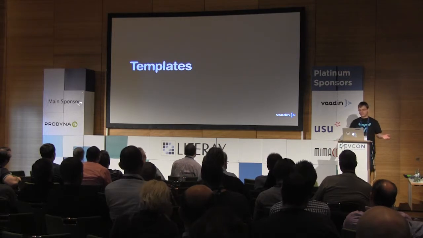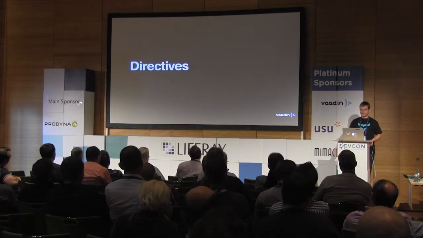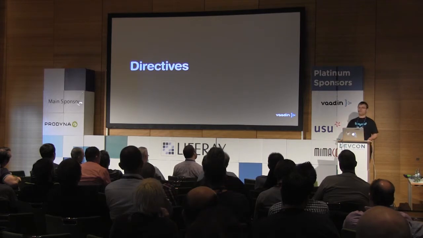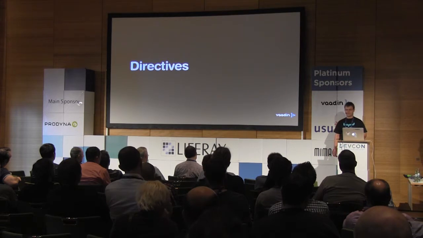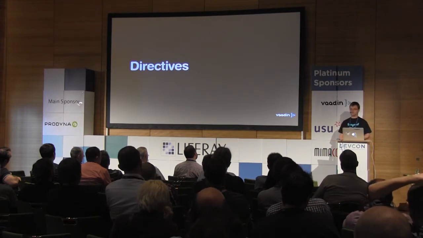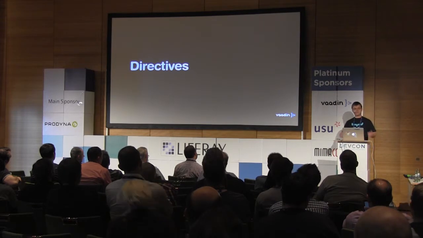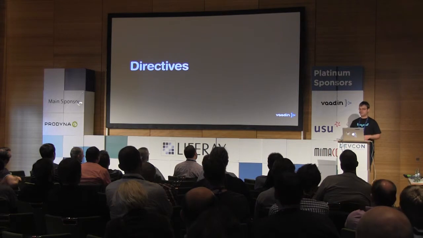So how do we interact with the DOM in our templates? We use so-called directives. They apply special behavior to attributes or elements in the HTML. They are markers on a DOM element, something like an attribute, element name, comment, or CSS class, that tell the AngularJS compiler to attach a specific behavior to that DOM element, or even transform the DOM element and its children.